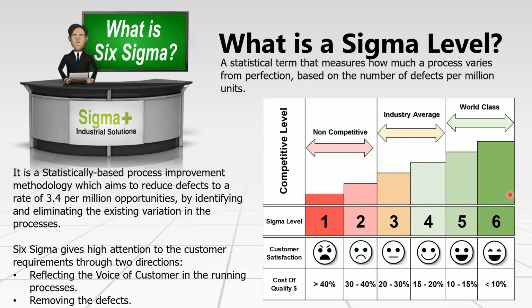So let me give you an example. If I have a company with a Sigma score of 1, that means the cost of quality should be around 40%. If the annual sales is $10 million and the Sigma score is 1, that means the cost of quality existing in that organization should be around $4 million.